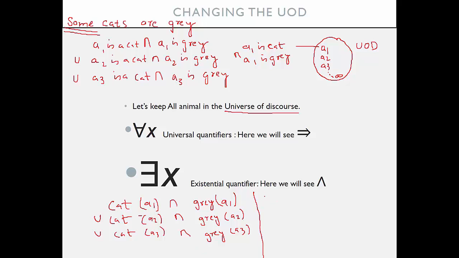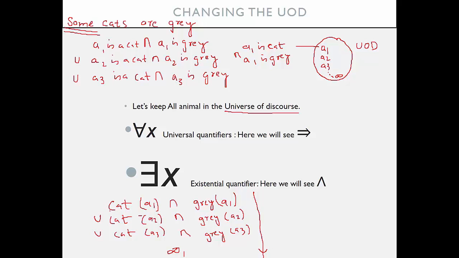So it becomes cumbersome if we keep on writing this on and on, all the way up to infinity. For example, if there are infinite number of animals which are cats and are gray, so there has to be something which can represent it in a single statement.